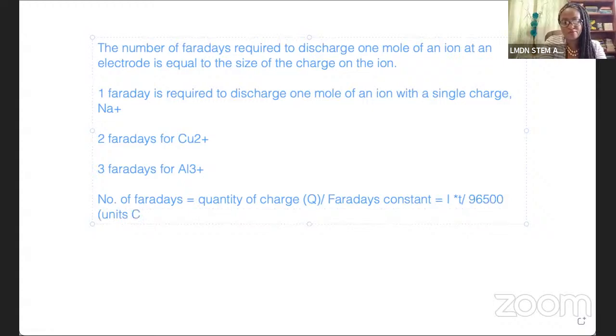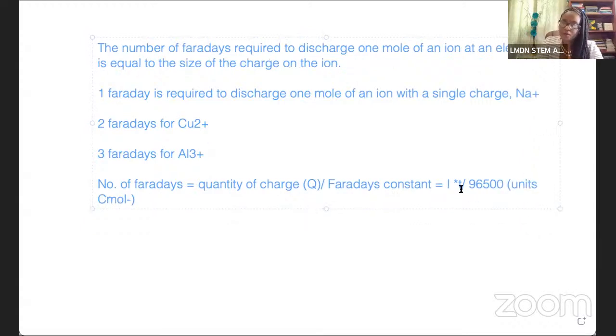Coulomb per mole. That's the bottom piece. And then the units of the top part would be what, guys? You know I'm big on units because units tell you a lot about what's going on. That's a charge, so the units would be coulombs.